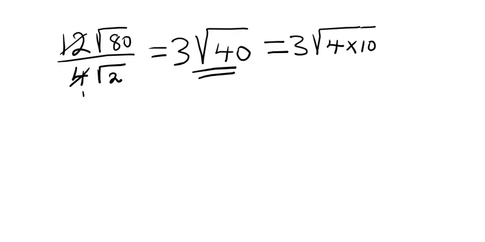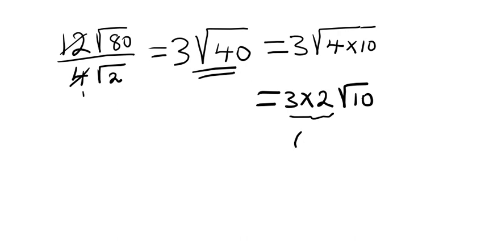So we're going to take the square root of 4, which is going to give us 2. So this answer will become 3 multiplied by 2, then root 10. So you multiply this out. 3 times 2 will give you what? 6 root 10. This becomes your final answer because 10 no longer has a perfect square factor.